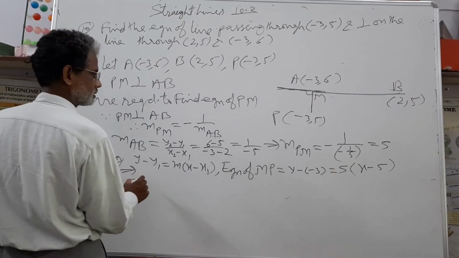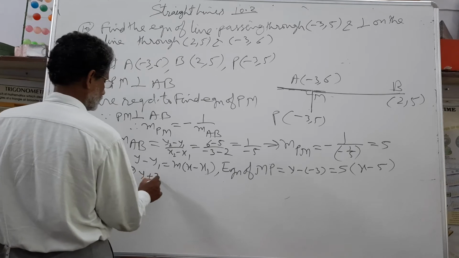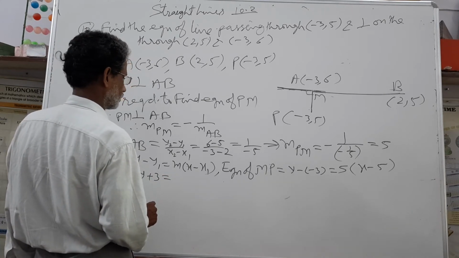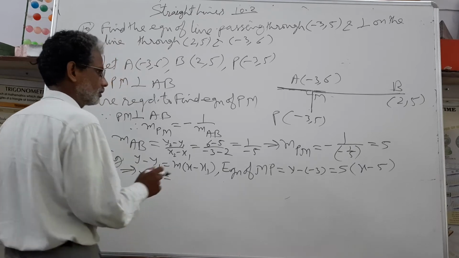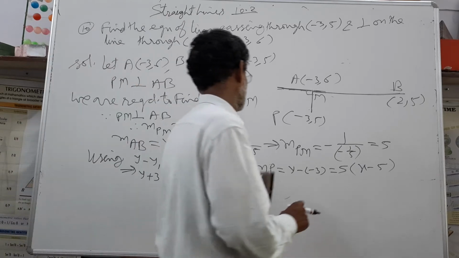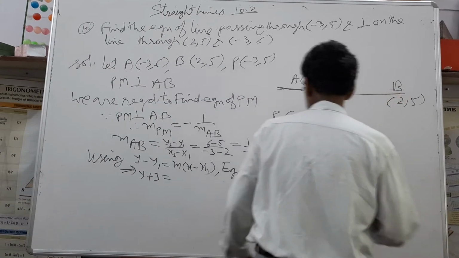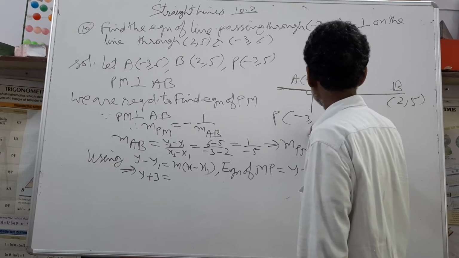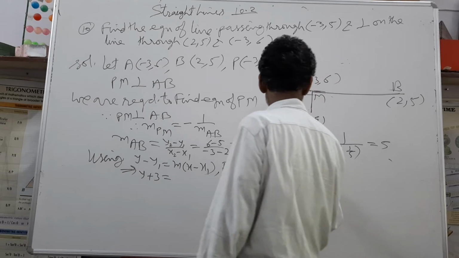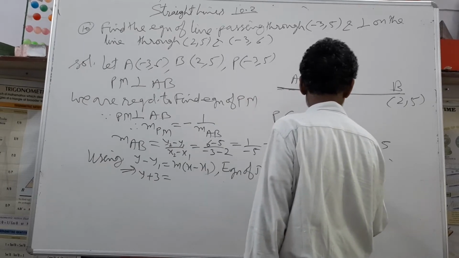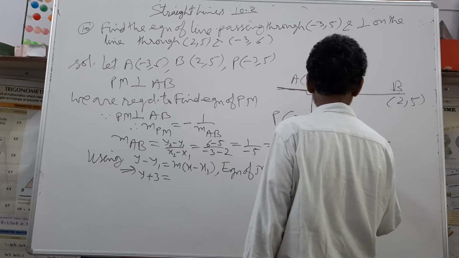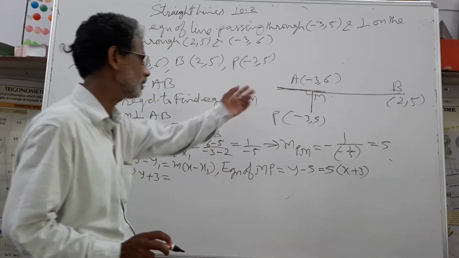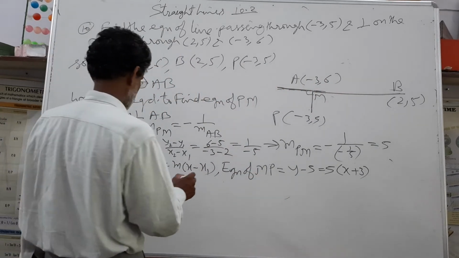Y minus 5, y1 is 5, not minus 3. Y minus 5 is equal to m, that is 5, into x minus minus 3, that is plus 3.